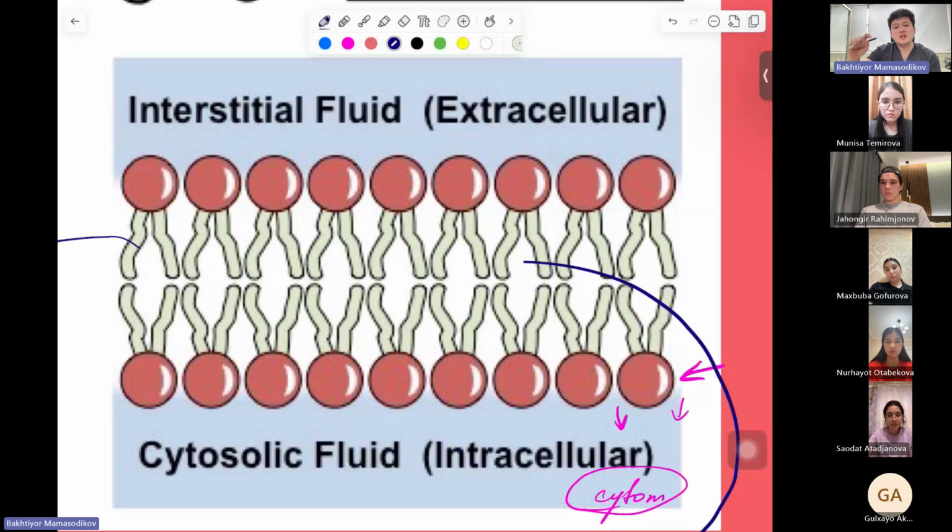My question is, what's a lipid? Lipids are fats, they can be oils, they can be waxes.